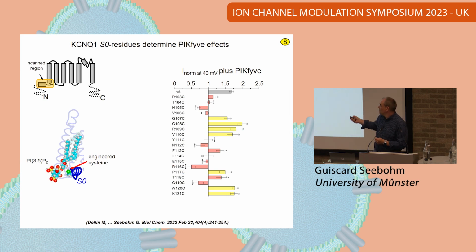We scanned the whole S0 and checked for the stimulatory effect of the PIK5 kinase. And you can see there's an area in the N-terminus, which is really at the tip of S0, which is here, which really seems to be important. And then there are some effects also in the middle.